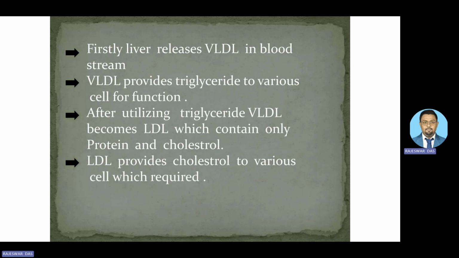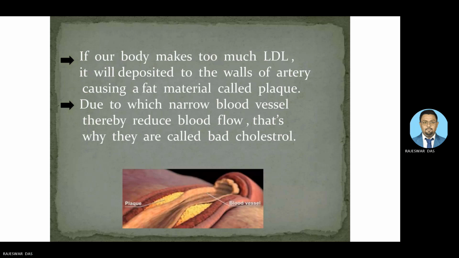First, the liver releases VLDL into the bloodstream. VLDL delivers the triglyceride to the various cells for function. After utilization of the triglyceride, VLDL is converted to LDL, which contains only protein and cholesterol. This LDL provides cholesterol to the various cells which require it.